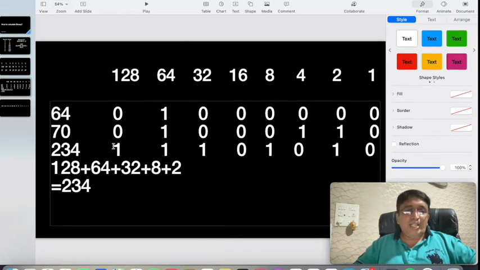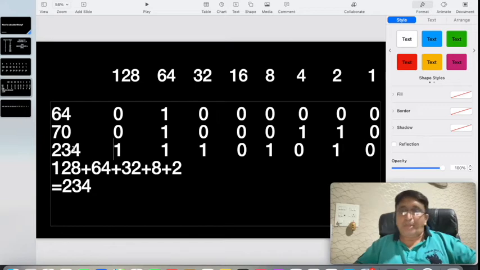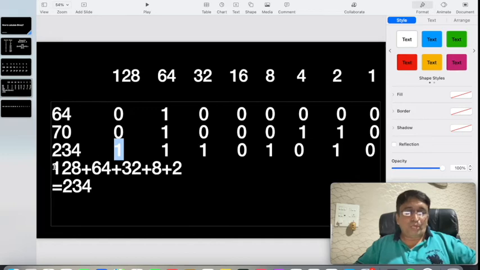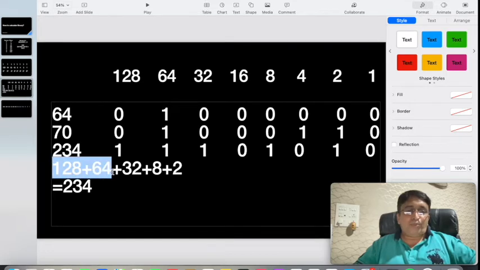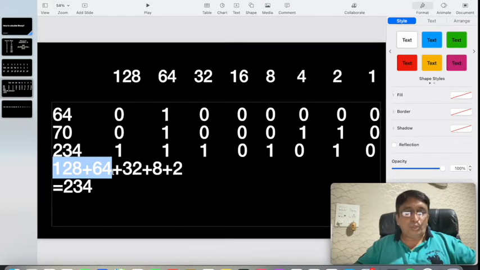Now similarly, let's take 234, what we talked about earlier. I'm supposed to switch on the bits so that the addition should be 234. So for 234, the first position is 128. Then the second position is 64. So 128 plus 64 is 192.